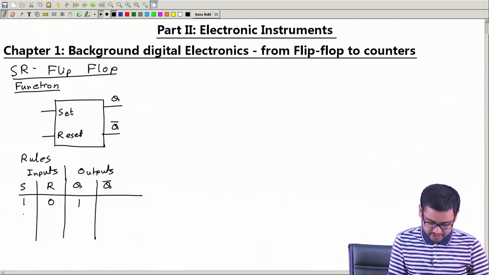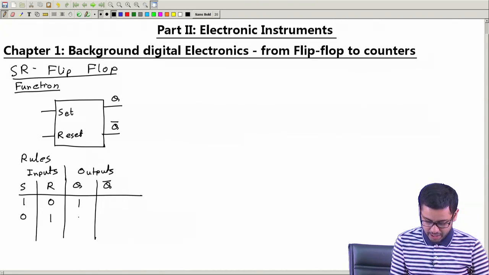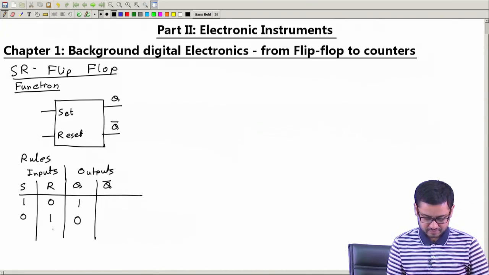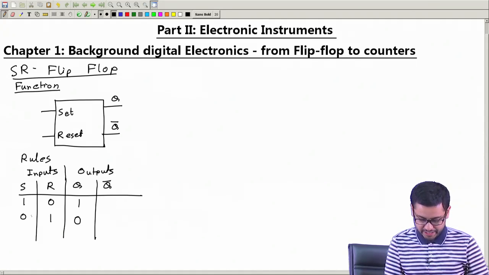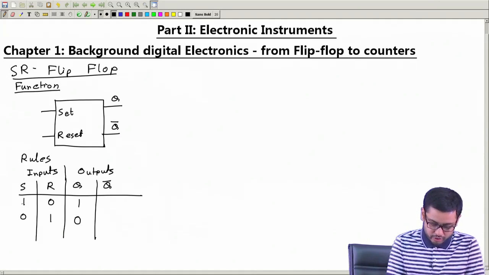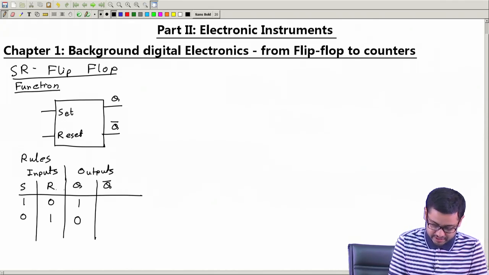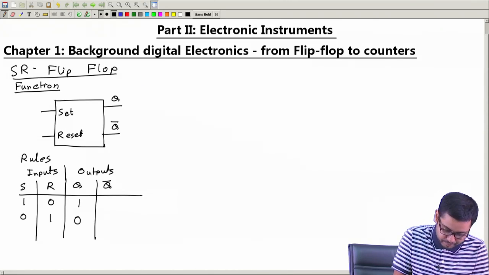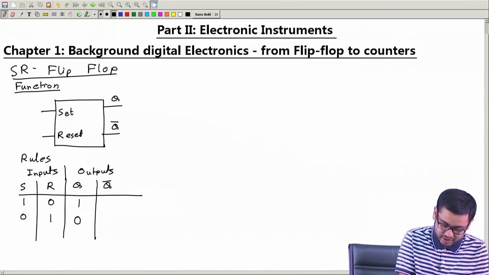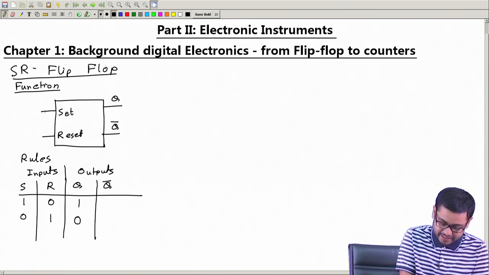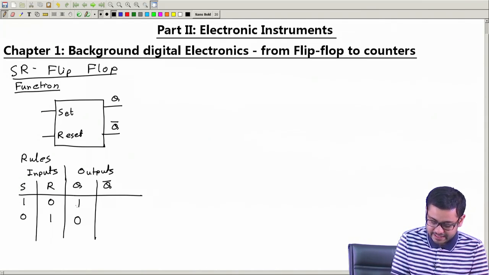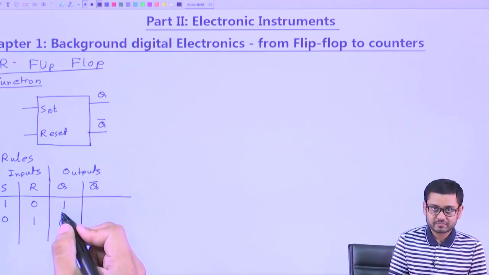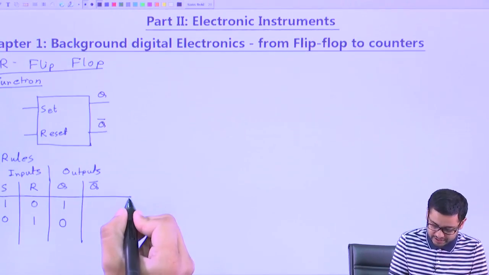If I give 0 and 1, Q will become 0. The way it behaves, we can say that we are pressing the button set. If set is pressed, Q is set to 1.